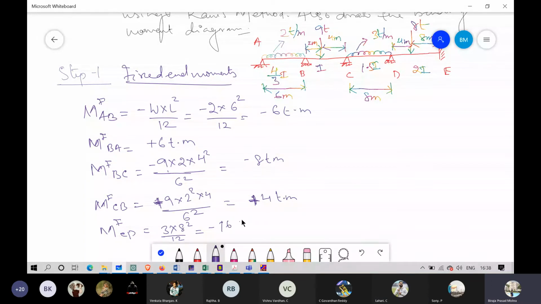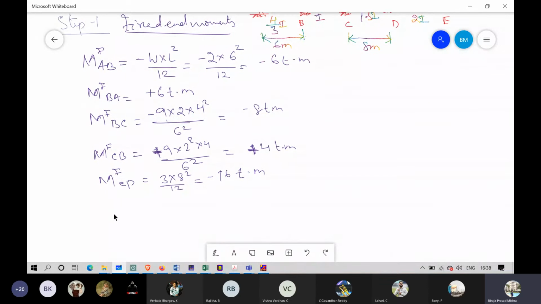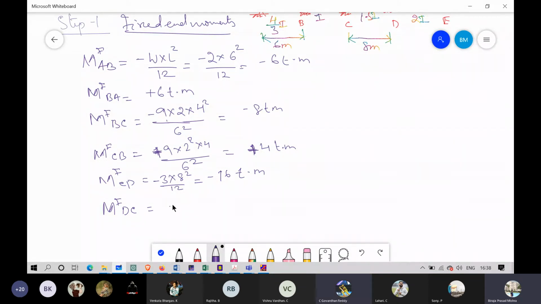Minus 16 ton meter. Okay, so now the diagram is not visible. MFDC equals plus 16 ton meter.